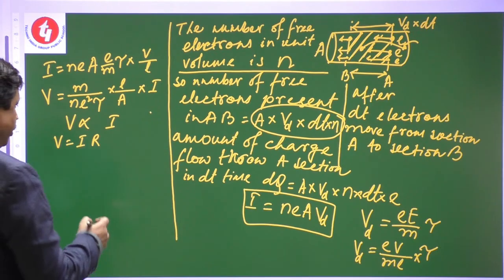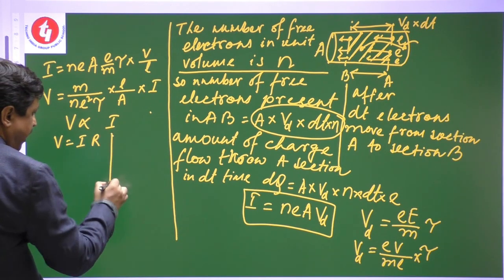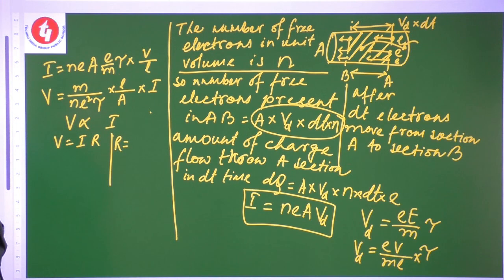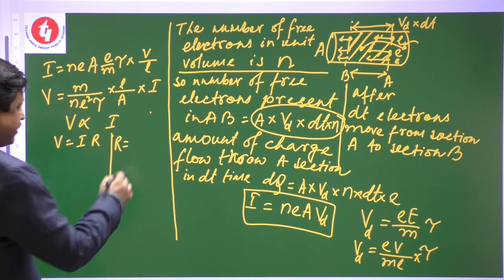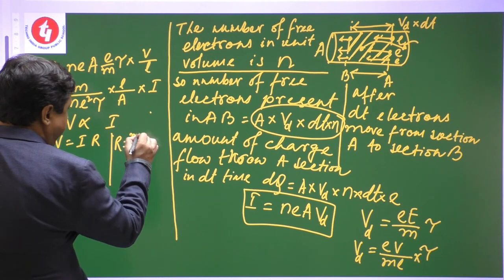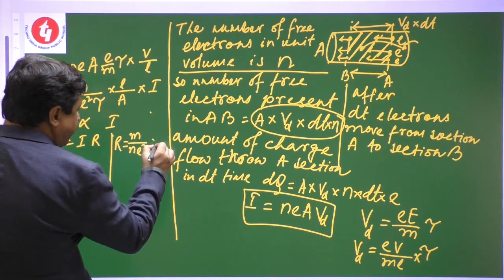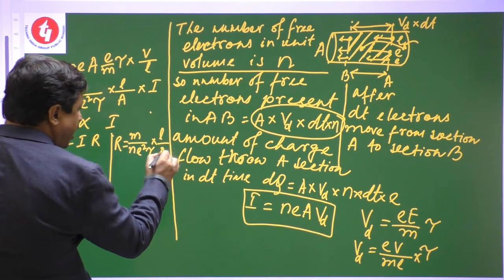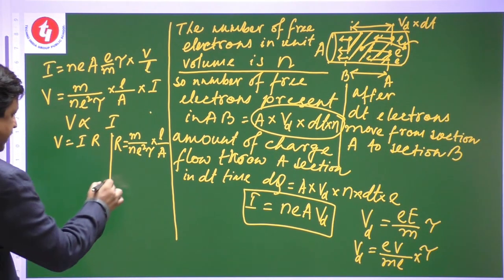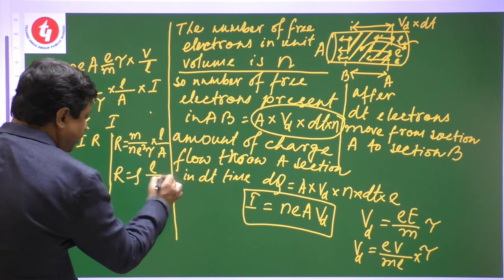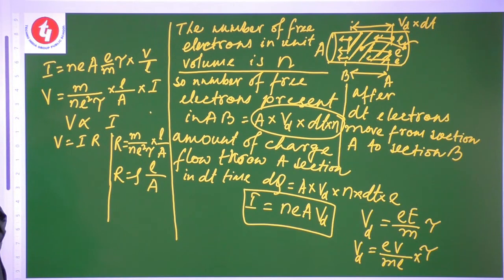So you may write that the resistance of the wire is m by n e square tau into L by A. And you also know that resistance is equal to rho into L by A, where rho is the resistivity.